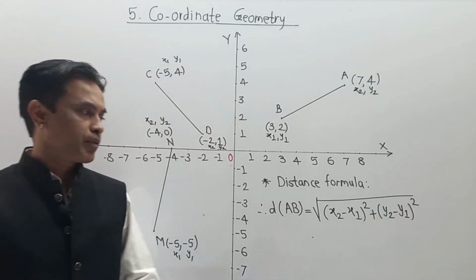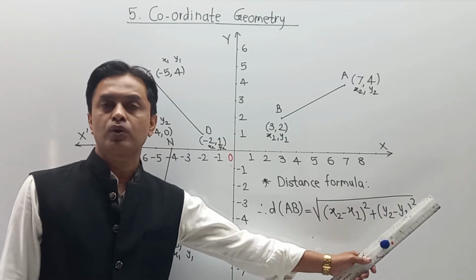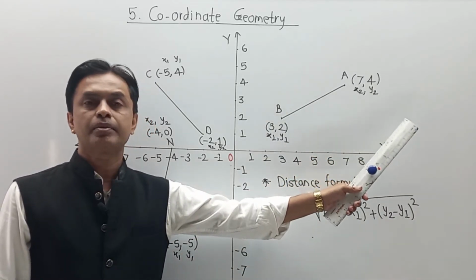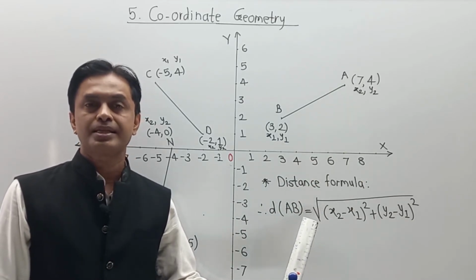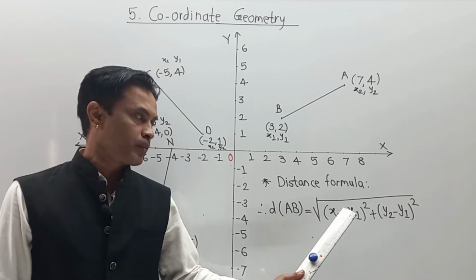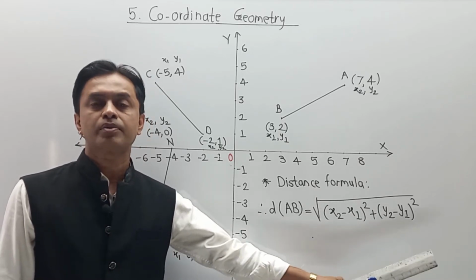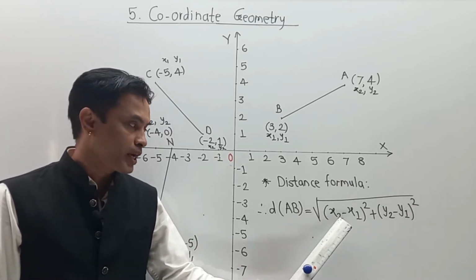So we are directly using a formula: the distance between any two points is equal to under root of, where the first point is x1, y1 and the second point is x2, y2, and the formula is written as AB equals under root of (x2 minus x1) square plus (y2 minus y1) square.